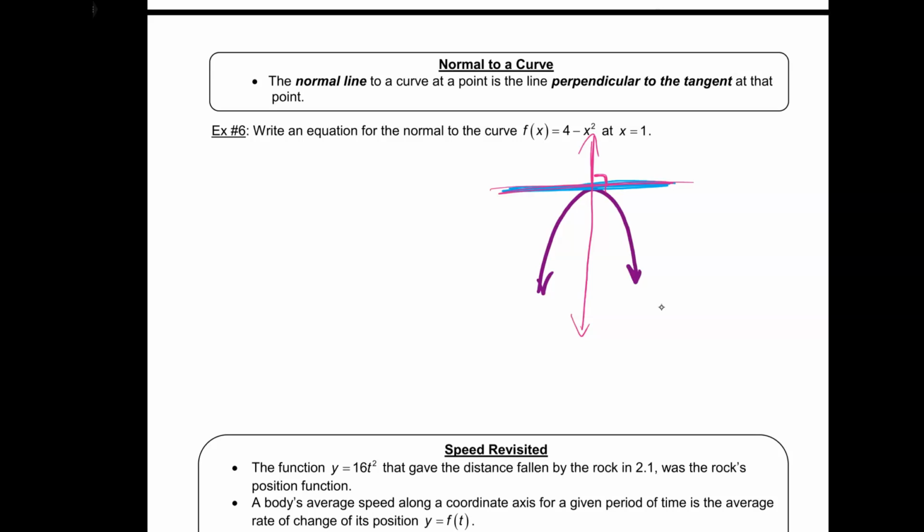So what should the steps be? We will find the slope of the tangent line. And wait, how do you find perpendicular? The opposite reciprocal. Okay, so we kind of talked about how we're going to do it. Let's try it out.